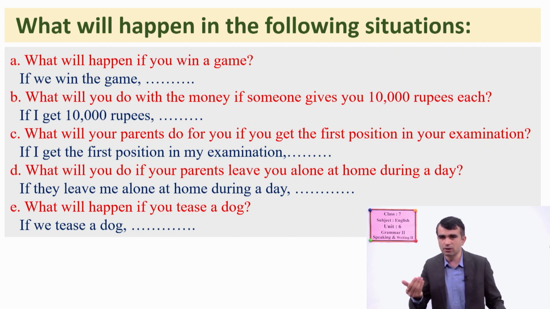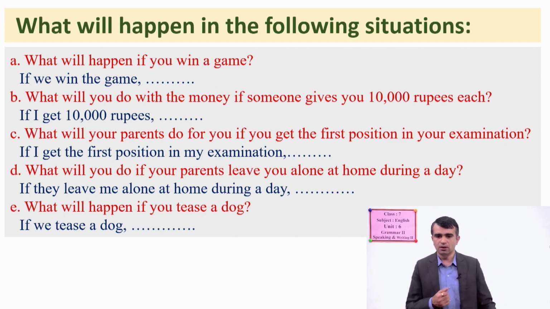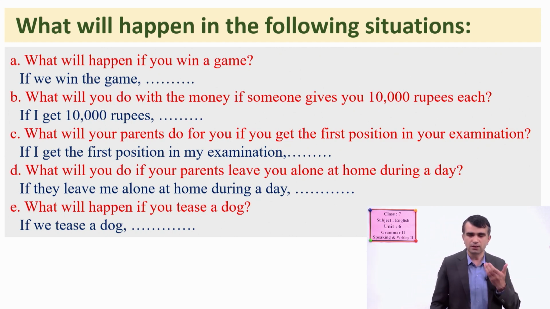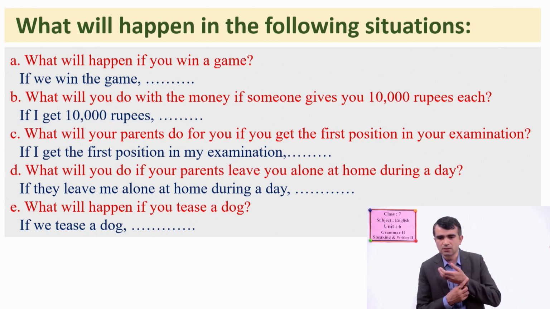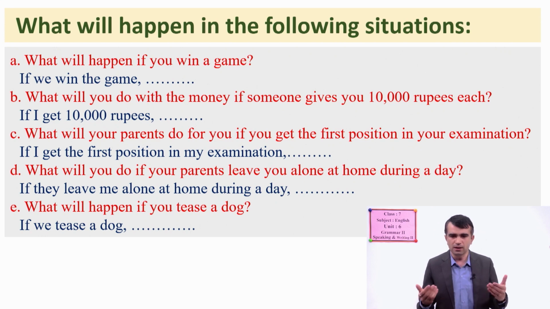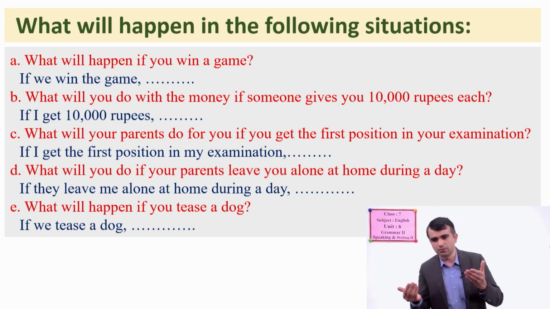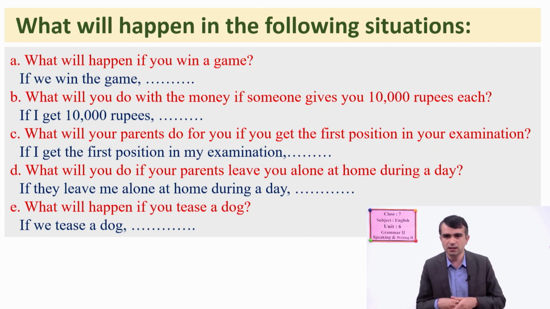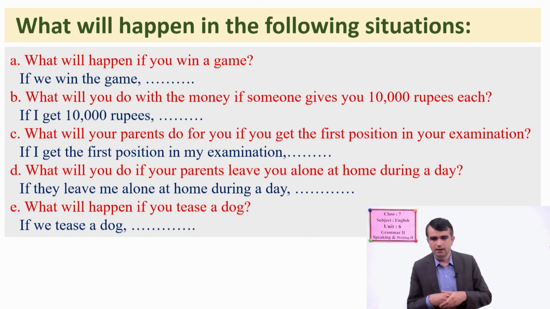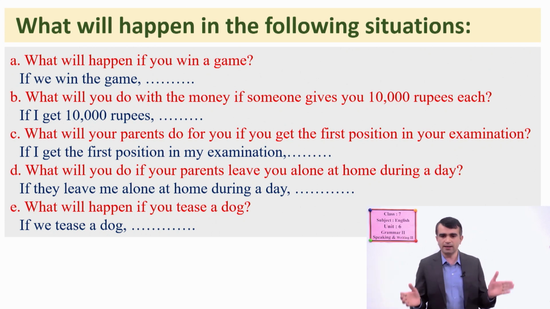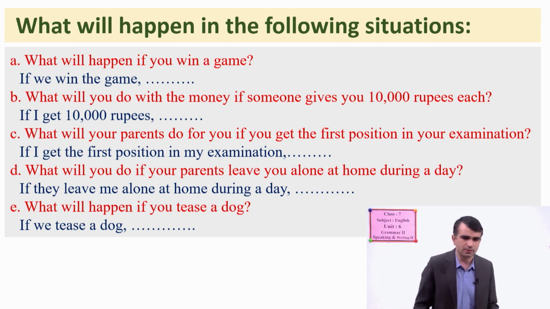My parents will be happy, or my parents will buy me what? A wristwatch. My parents will give me, or my parents will take me to where? One place, you can say. Well, so this thing you can use here. Okay, next one.